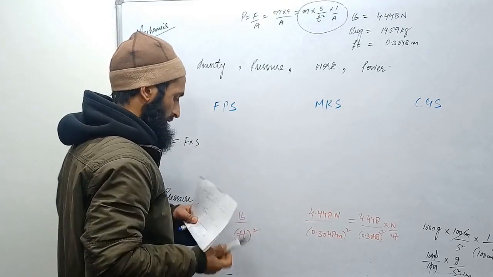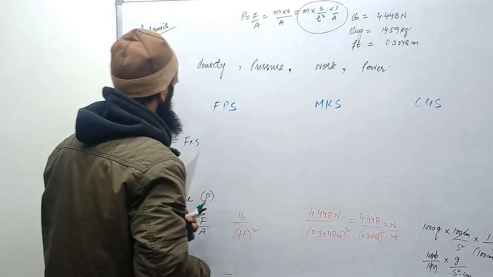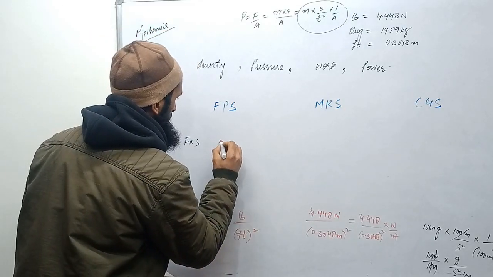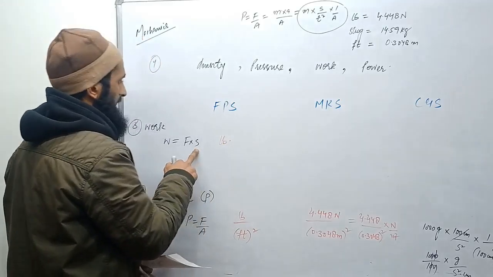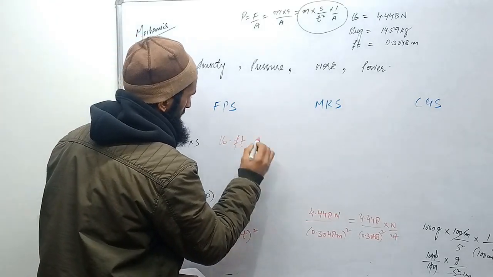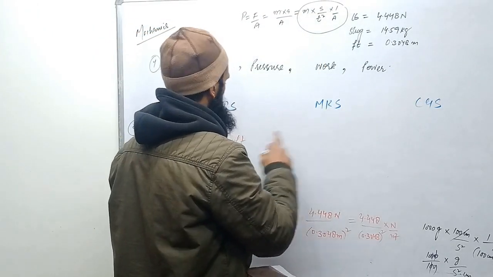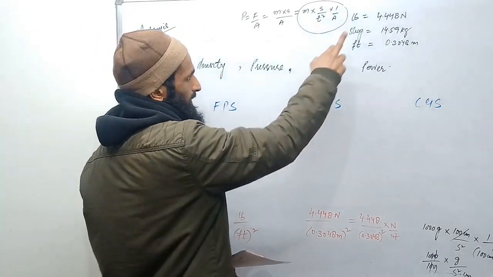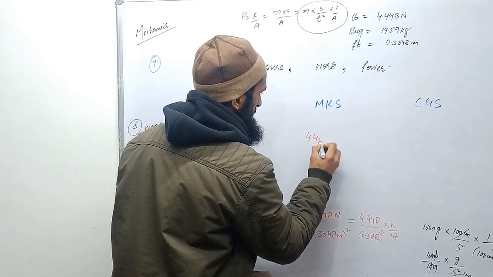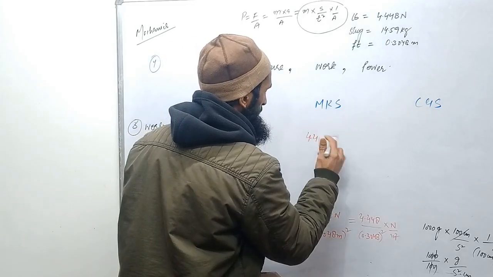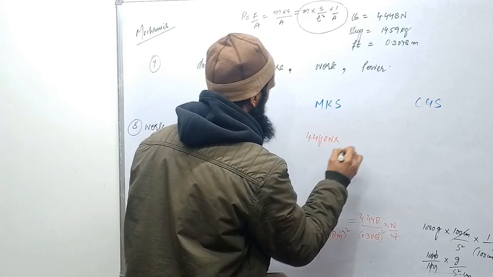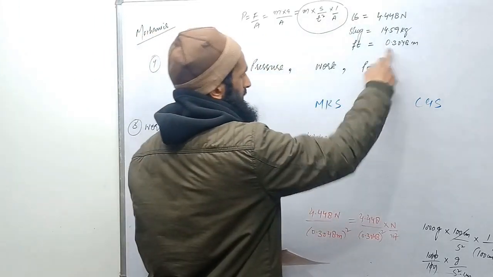So the unit of force in FPS system will be LB, and distance will be feet. This will be LB feet. In MKS system, we know LB is 4.448 Newton, multiplied by 1 feet.